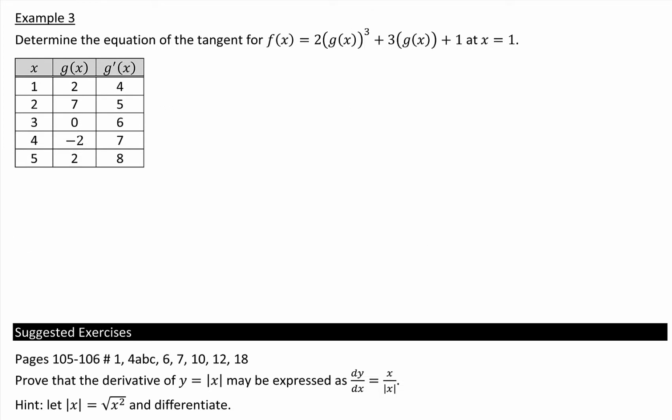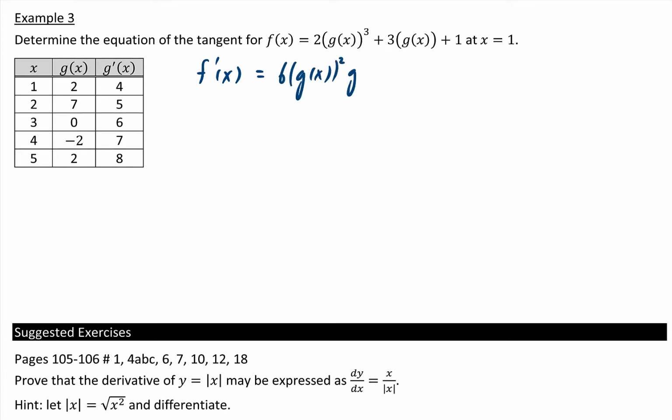And we're going to use this derivative to help us answer the final question. Determine the equation of the tangent for f of x equals the following function, and that's the one from part E, at x equals 1. So first off, let's determine the derivative for f of x. And we note from example E that the derivative is equal to 6 g of x squared times g prime of x plus 3 times g prime of x.